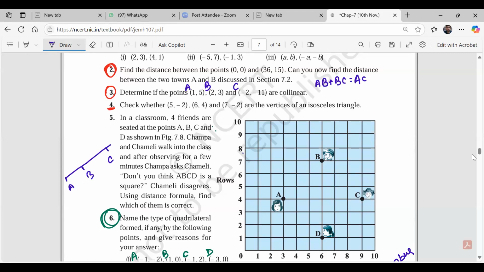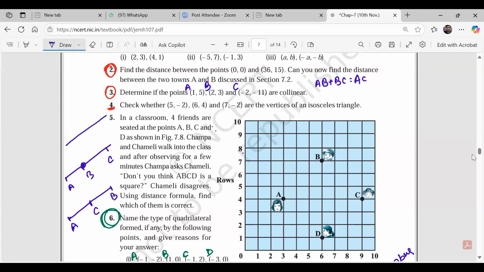Either this is the case, or A, B, C this can be the case. You have seen lines where the end points are A and B and the middle point is C. You have also seen such a line where the end points are A and C and the point in between is B. So these two are the possible scenarios.